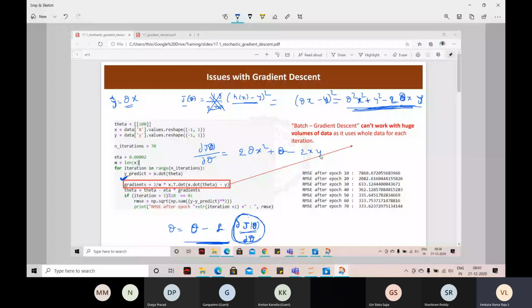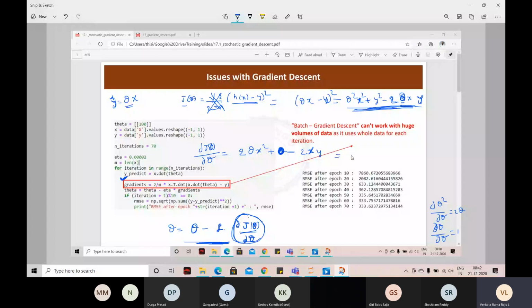Derivative of theta with respect to theta is 1. The other variables other than theta are constants, so the derivative is 0. Okay, that's how it is.